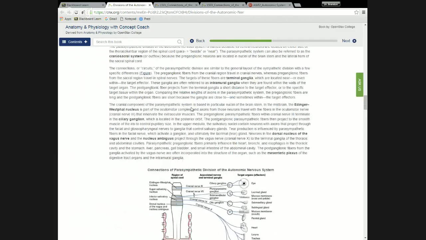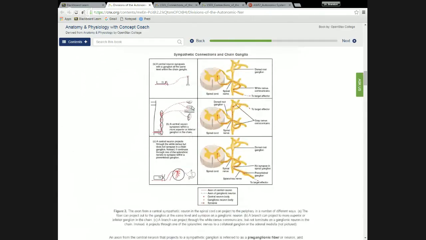Okay, I did skip over a picture here. This picture is a graphic representation of that idea I said with branching. This is showing you all the different possible ways that preganglionic sympathetic fibers can influence a ganglion somewhere, whether it goes up or down in the chain, leaves the chain and goes to another ganglion or whatever.